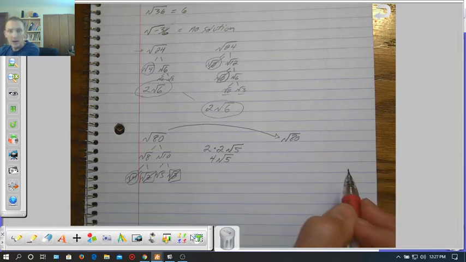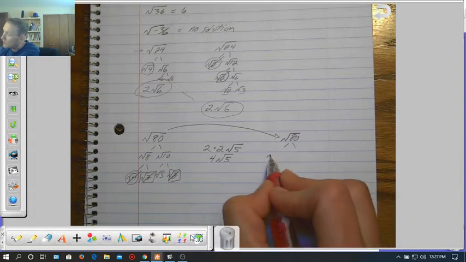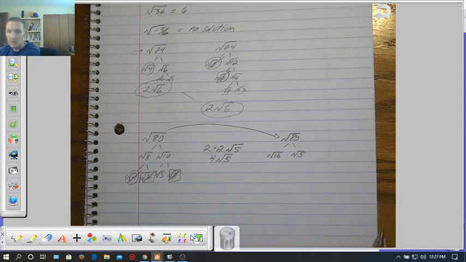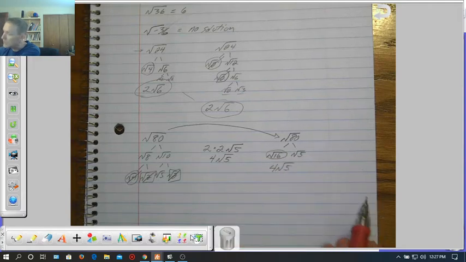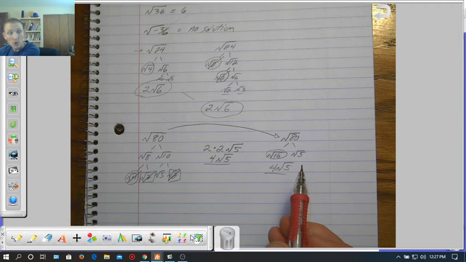Another way I could have factored this would have been 16 times 5. Well, the square root of 16 is 4, and I have the square root of 5 left on the inside. So you'll see, same answer. This is why I said if you're good at multiplication, some of this stuff is going to get pretty easy.